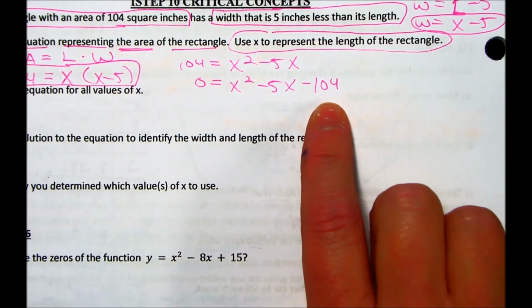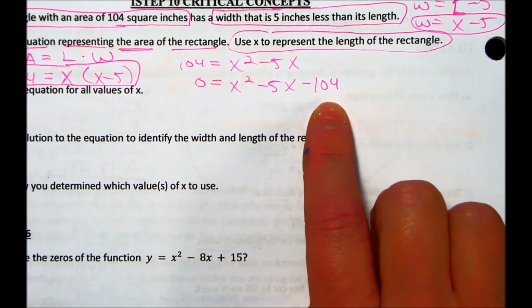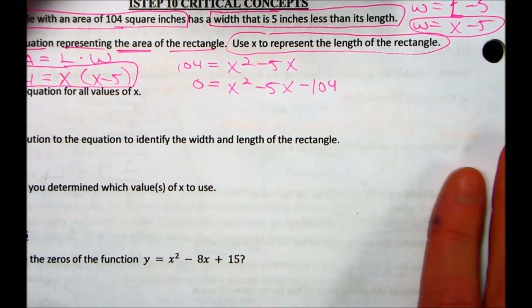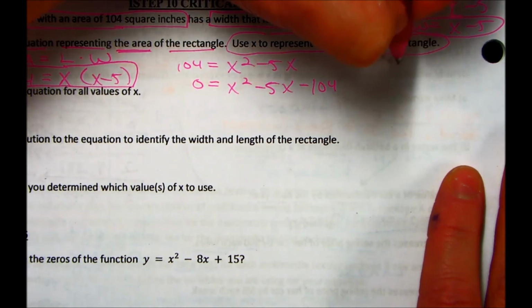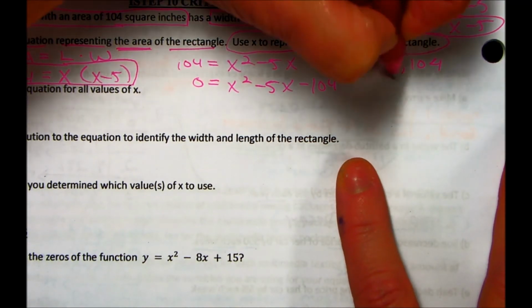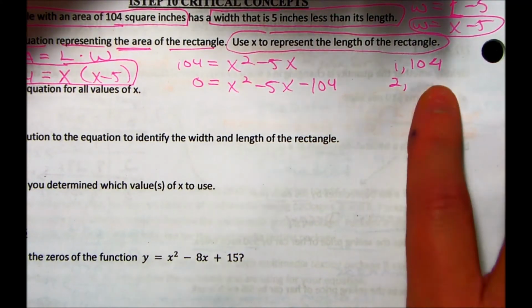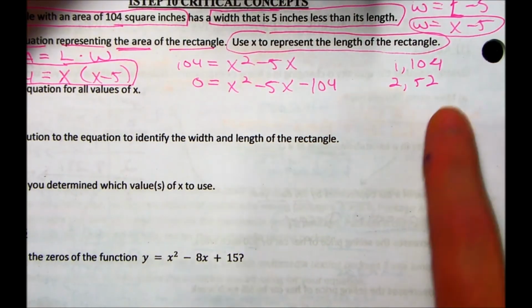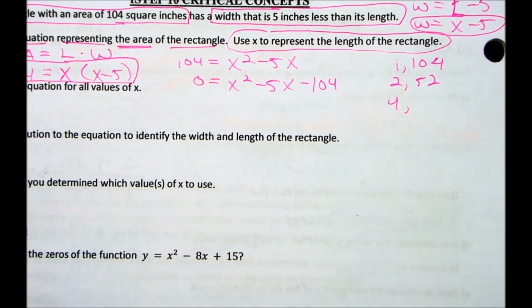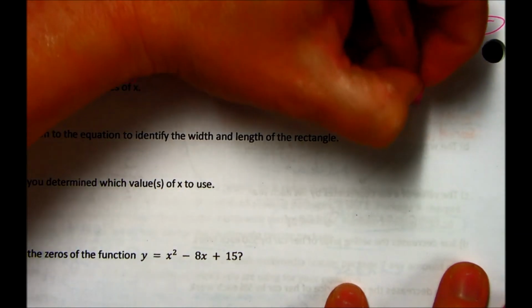Now I'm going to try to factor it. Now I don't know all the factors of 104 off the top of my head, but what I like to do when I don't know all the factors off the top of my head is I make a list. I always start with 1 and the number itself, and then I would jump to 2. Well, 2 goes into 104 52 times. 3 doesn't go into it. 4 would go into it 26 times.